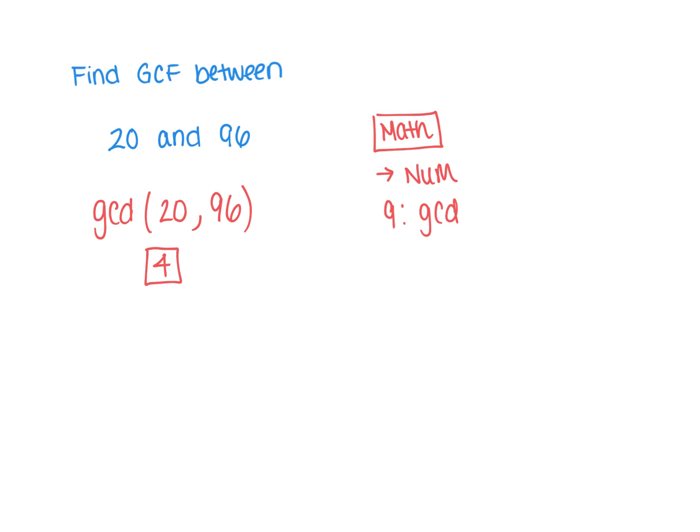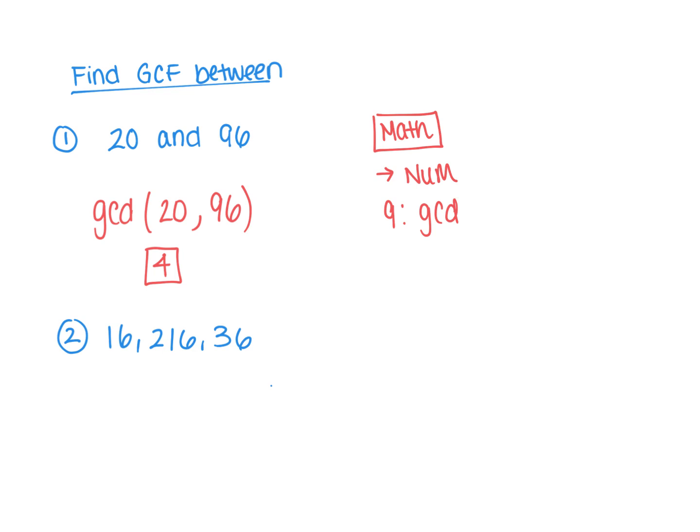So this is another calculator step to find the GCF between two numbers. Now, what if I asked you to find the GCF between three numbers? So what if I gave you the numbers 16, 216, and 36. And I said, find the GCF between those three numbers. So unfortunately, the calculator is only capable of putting in two numbers into this GCD function. So what we have to do is be a little bit creative.